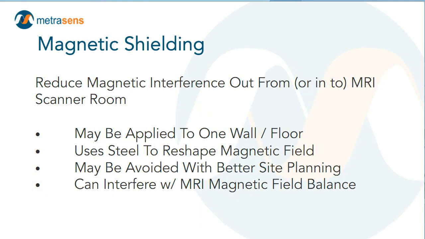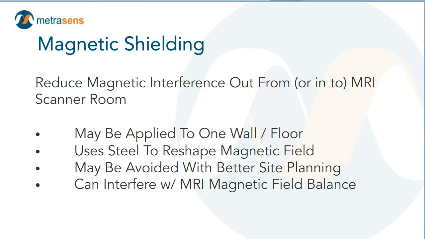Magnetic shielding, in many instances, can be avoided if we appropriately plan the MRI suite. Not in all instances, but in many. Magnetic shielding is not requisite for every MRI site, but we may need it for a particular reason, and it is the shielding that can act more like what we expect or experience in other parts of radiology for ionizing radiation shielding.